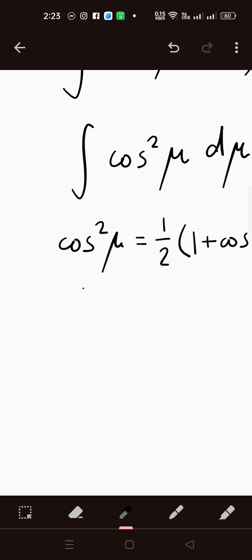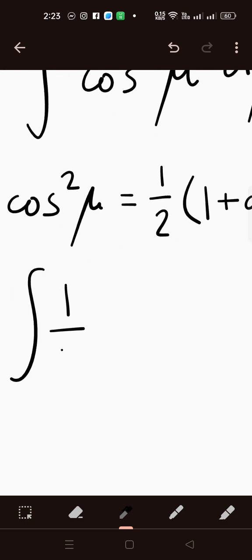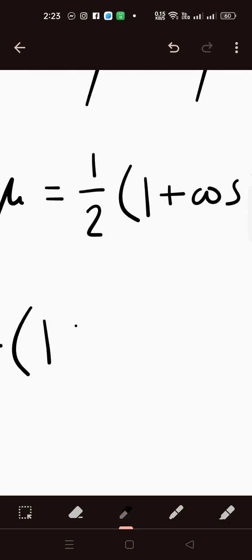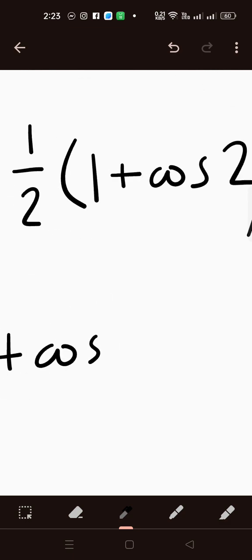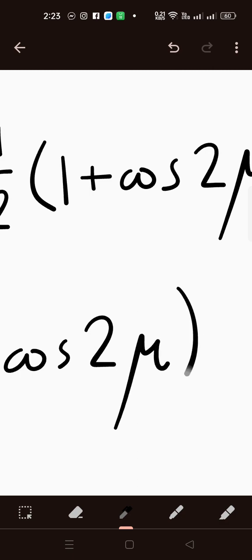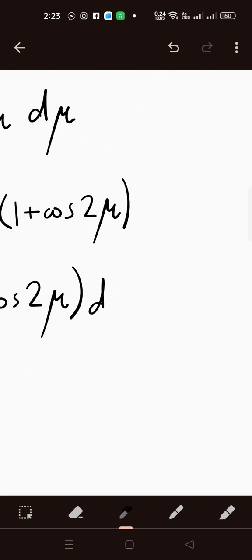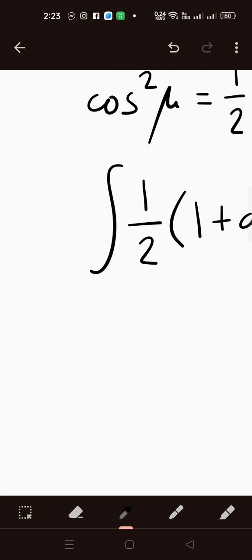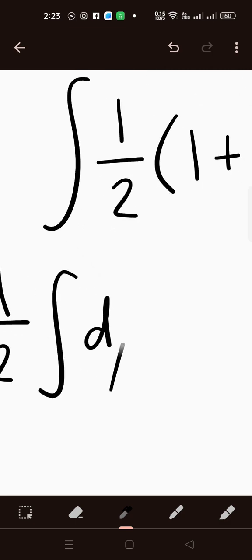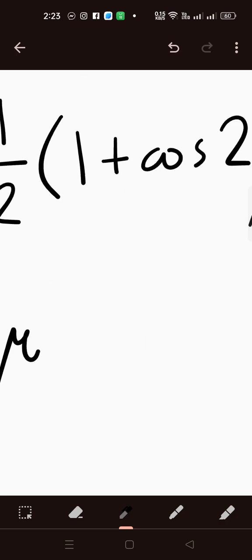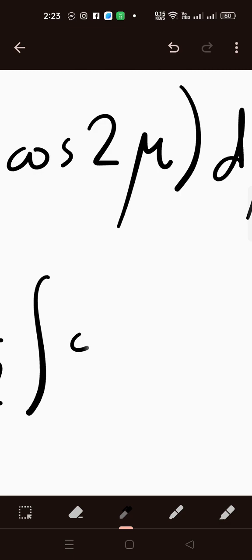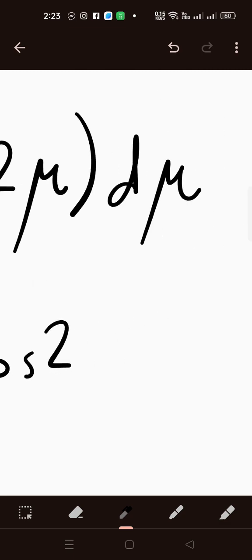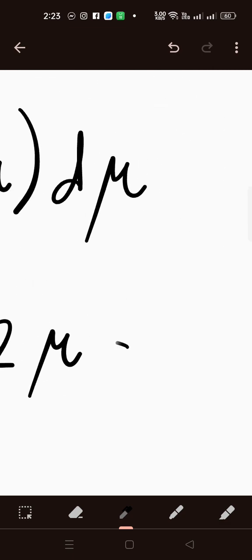So I can replace that in my integral. So it's 1/2 times 1 plus cosine 2 mu d mu. I can bring the 1/2 to the front, and I can split the integral. This plus 1/2 integral of cosine 2 mu d mu.